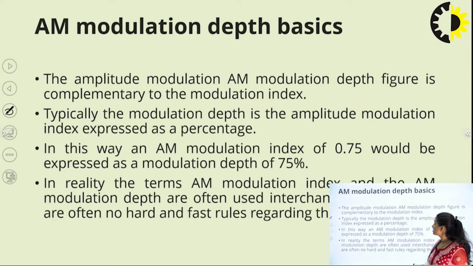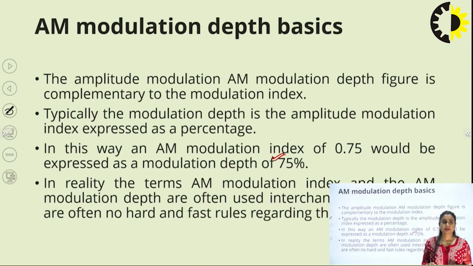The amplitude modulation depth figure is complementary to the modulation index, right? True. Typically, the modulation depth is the amplitude modulation index expressed as percentage. So, that 0.75 we represent as 75%.